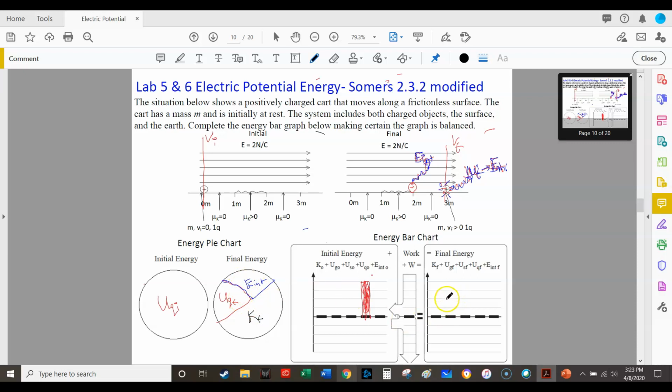So in the end, I'm going to say it's got a lot of heat energy, it's got a lot of kinetic energy, and let's give it 2 blocks. Don't be too greedy. And this is subjective.